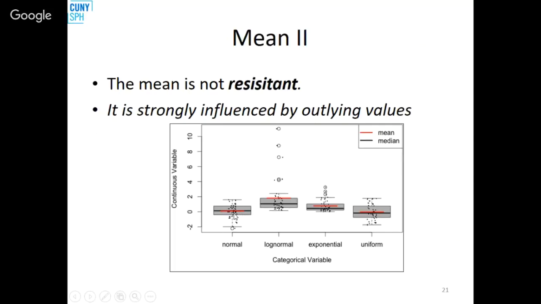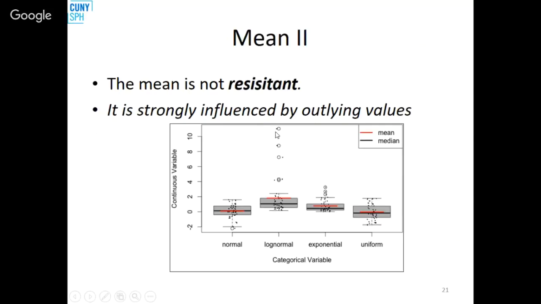And so you can easily compare the mean to the median and to the interquartile range, or this central part. And for the normal distribution, the mean is right on top of the median and right in the middle. For the uniform distribution, that's the case again, very close.